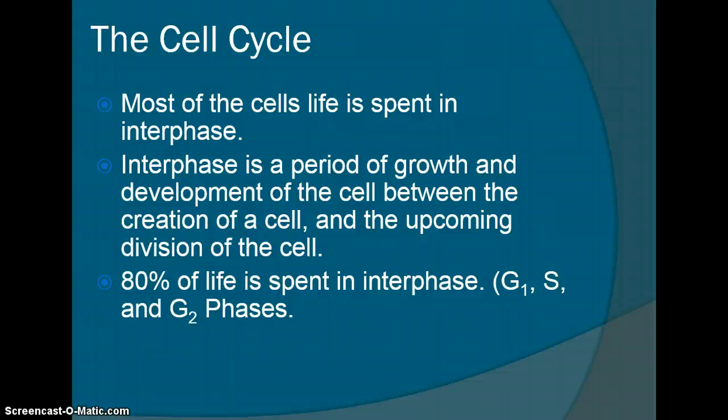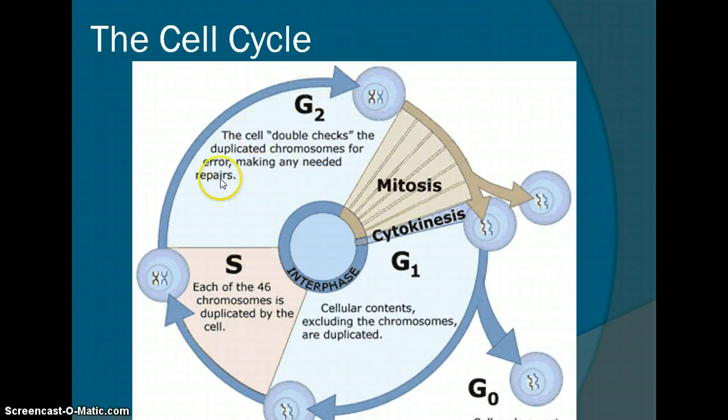Interphase is a period of growth and development of the cell between the creation of a cell and the upcoming division of the cell. 80% of life is spent in interphase, which contains the G1, S, and G2 phases. If we go back to our diagram, G1, S, and G2 are all part of what we would call the interphase portion of the cell cycle.